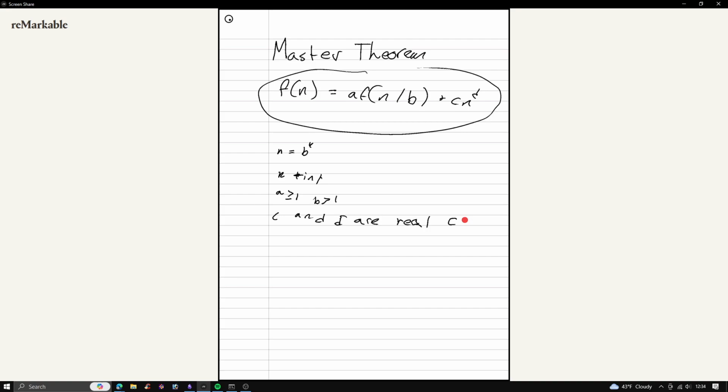And how do we use this? Well, it's a little complicated. We should keep it on the page with the letters.